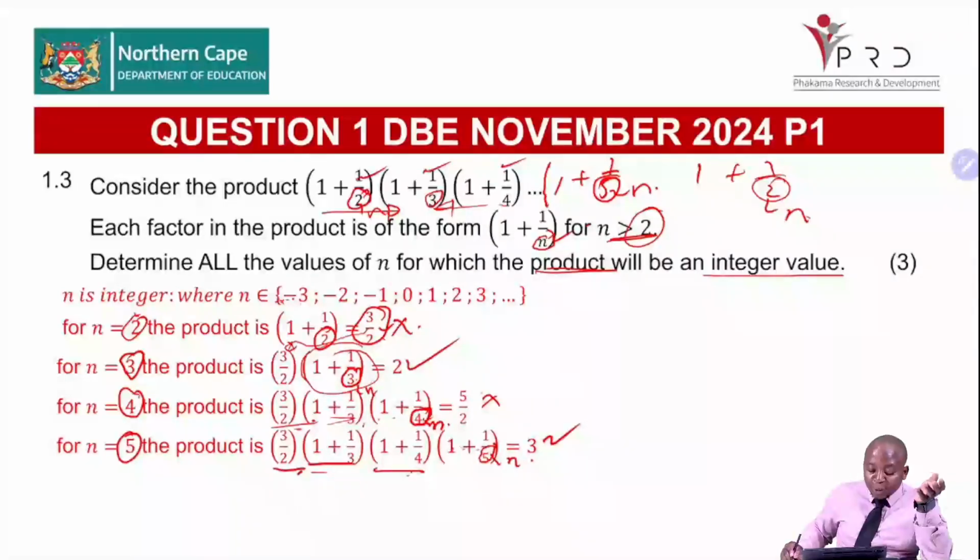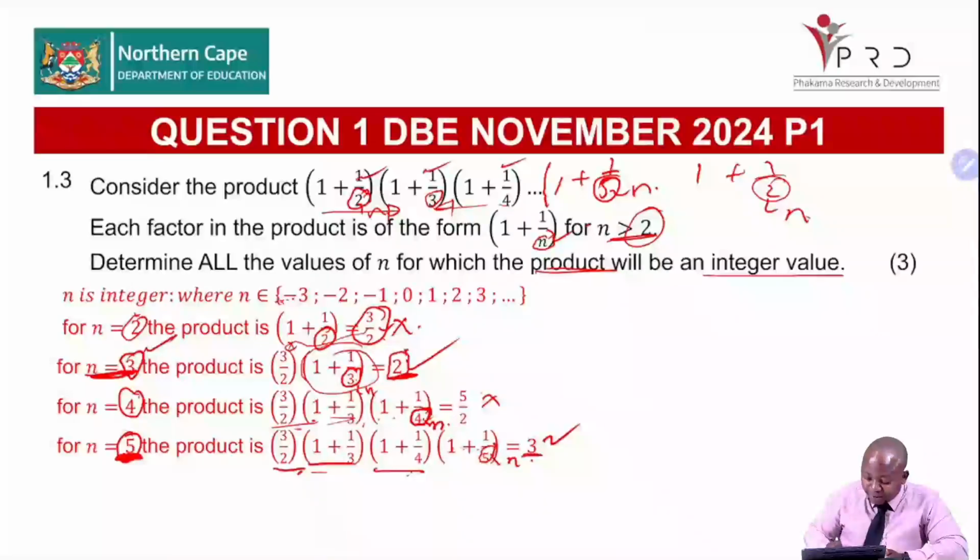When I proceed with this pattern, what am I seeing here? Let's analyze this one. I only have the product being an integer value when n is 3. So I'm having an integer when n is 3. I'm having an integer again when n is how much?